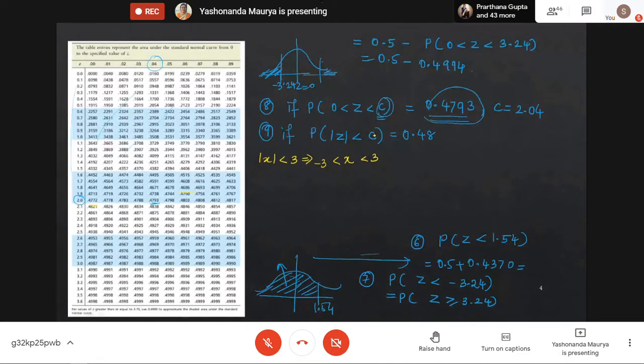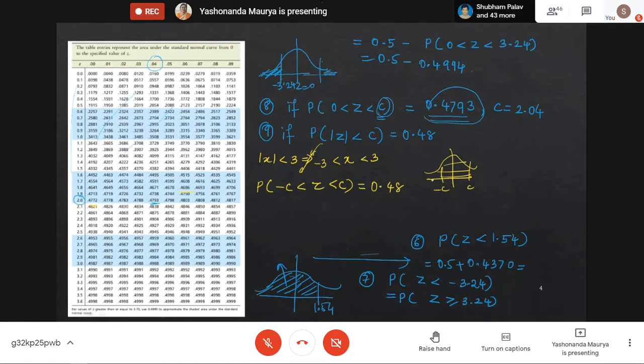So in the same way, when this condition is given, this can be rewritten as the probability that Z lies between minus C and C is 0.48. Here is minus C, here is plus C. This area is 0.48.